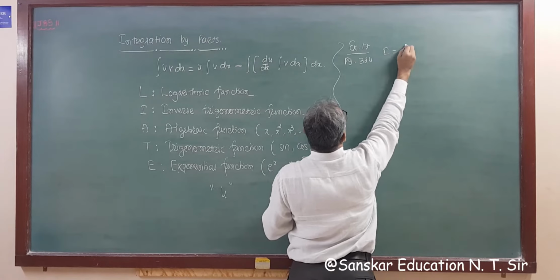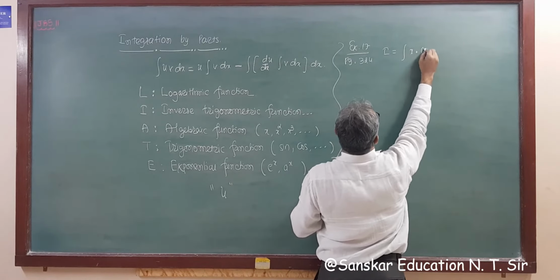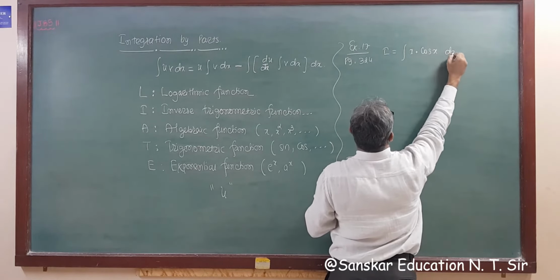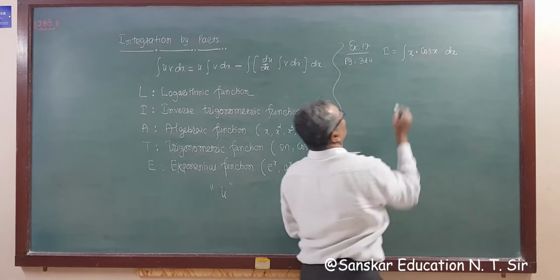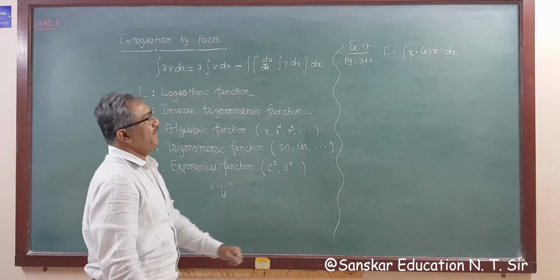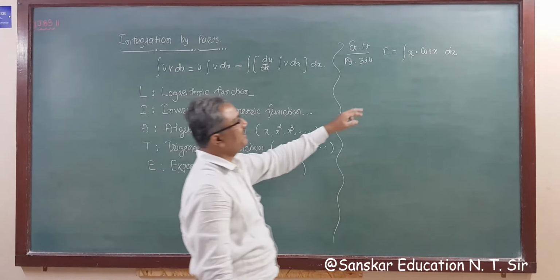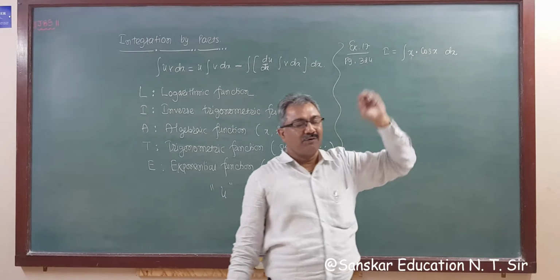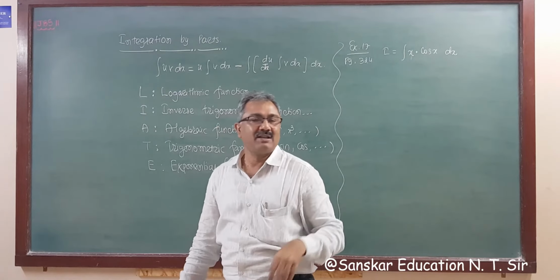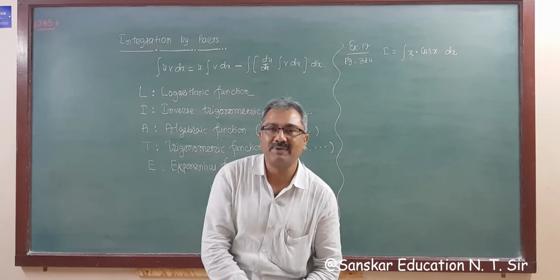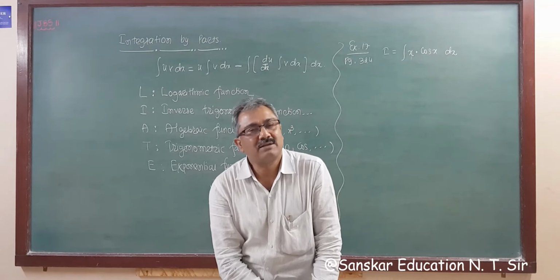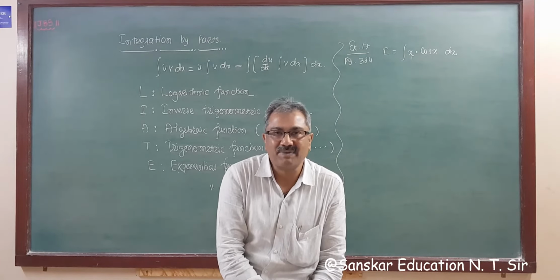I is equal to integration of x into cos x dx, right? Now this is a product, and when a product of two functions is given, the only method applicable till now is integration by parts. Otherwise, no other method is applicable, right?